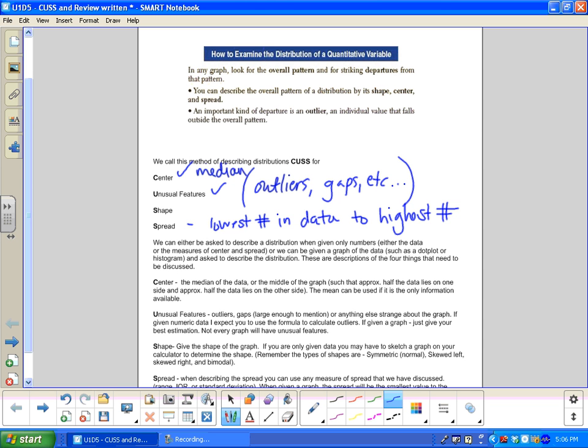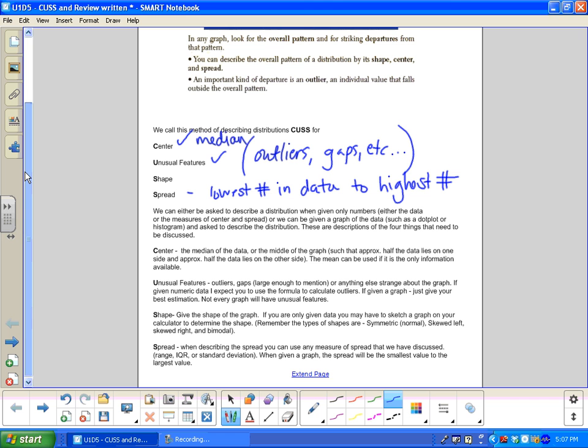If you're given a picture, then I would generally say to use the median, just because the mean's not going to be super accurate in a skewed distribution, so you generally want to use the median in that sense. And also in a symmetric distribution, the mean and the median should be about the same, so there doesn't seem to be a need to do it both ways.